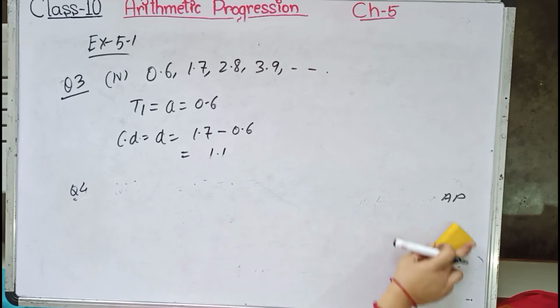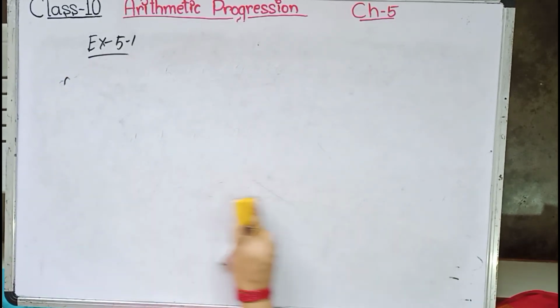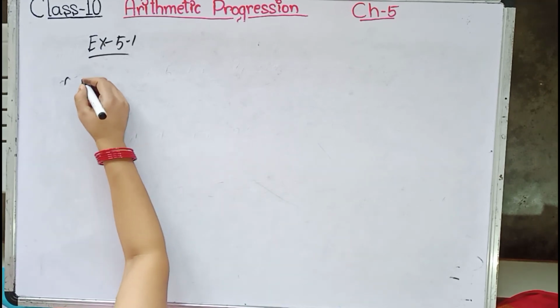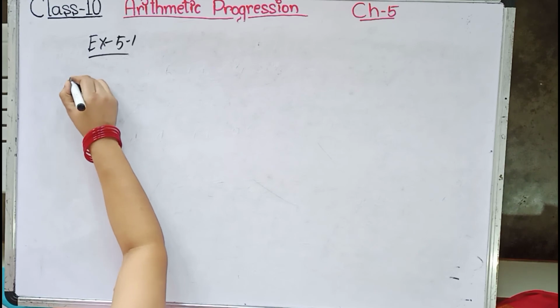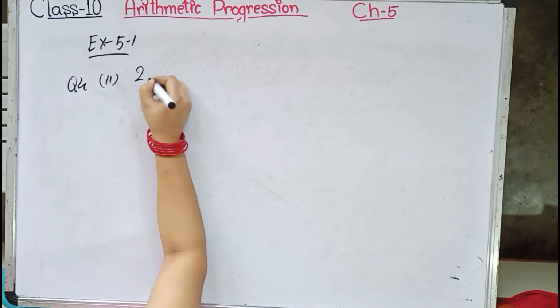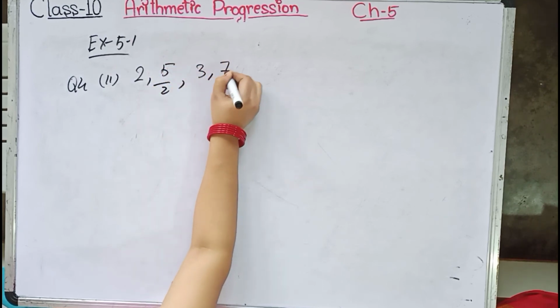So one more question from question number 4. Let us do subpart number 2. The sequence is 2, 5 by 2, 3, 7 by 2.